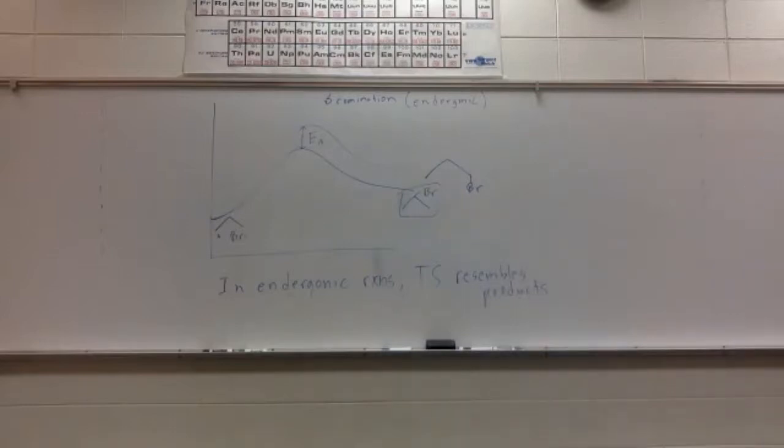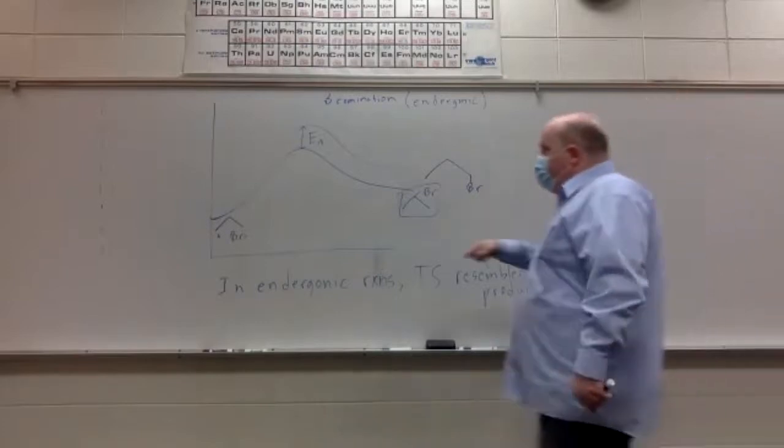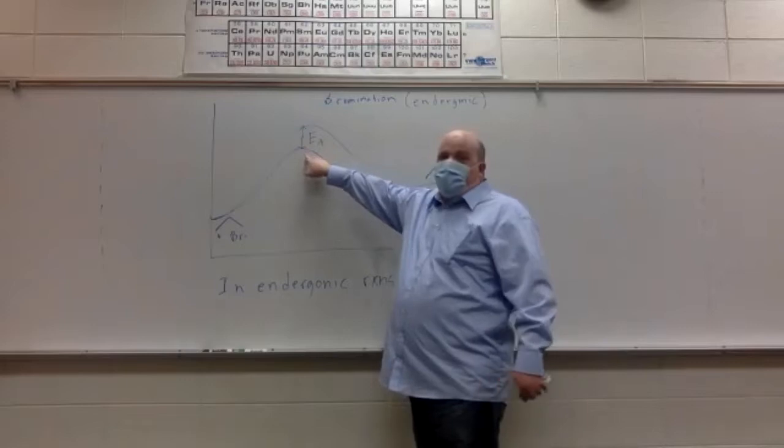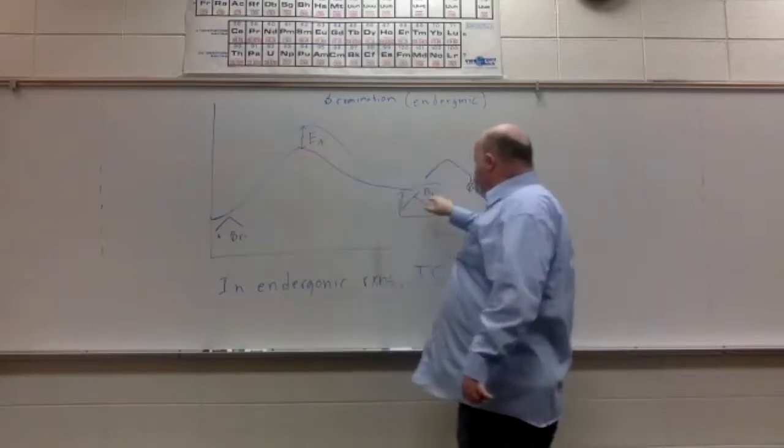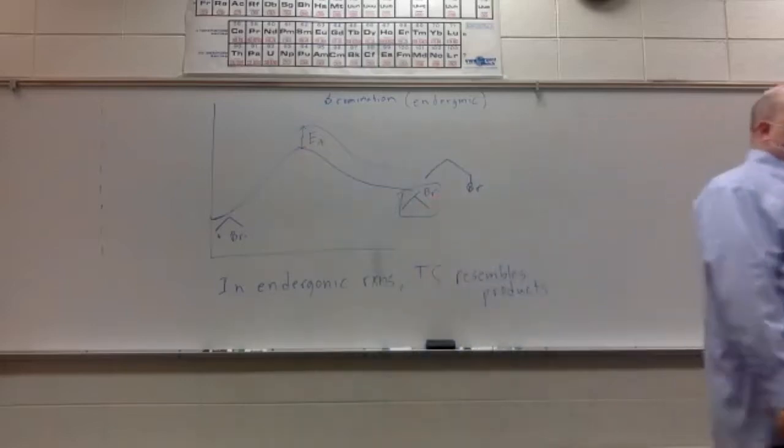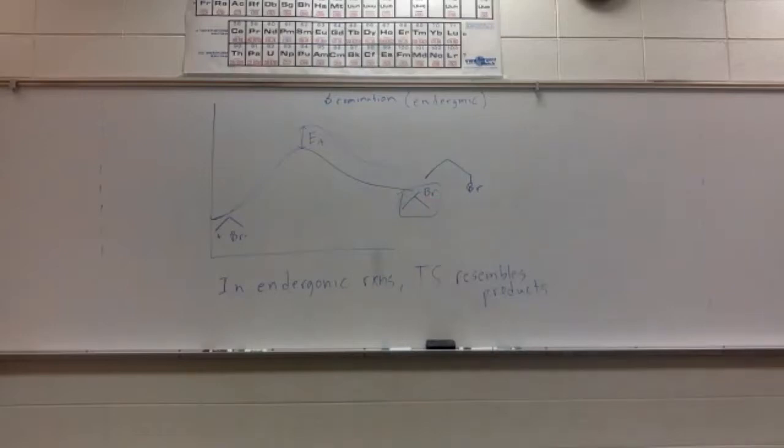Okay? Y'all with me so far? This is a little abstract sometimes. If you have any questions, let me know. Bottom line, because this energy of activation is so much smaller, it goes towards this one a lot more readily. Okay?